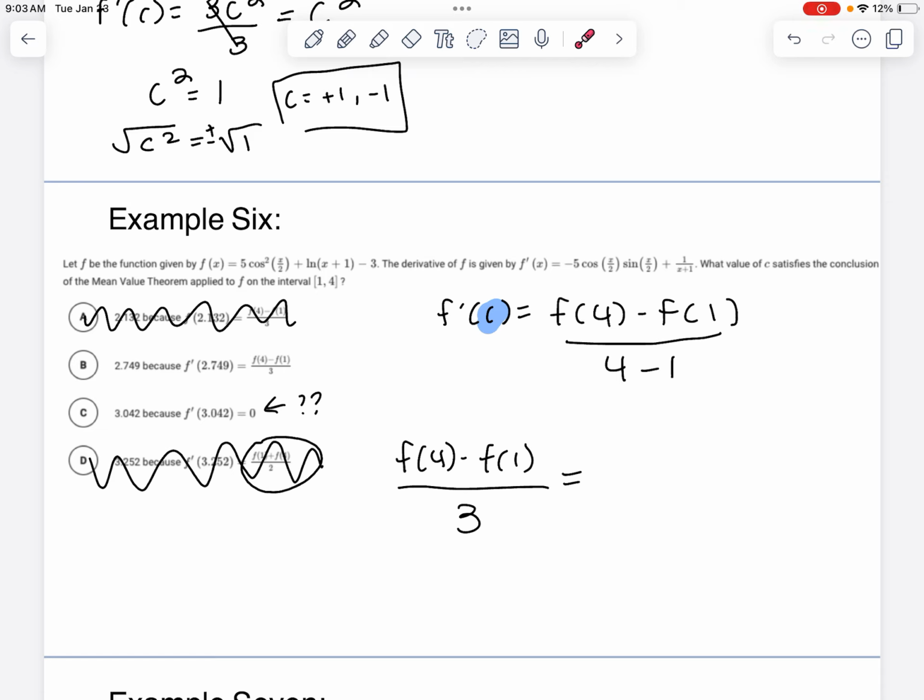Do it now. Okay, so f of 4 equals 3.6. I'm just going to be quick with it, so I'm not too concerned about whether that's exact or not.